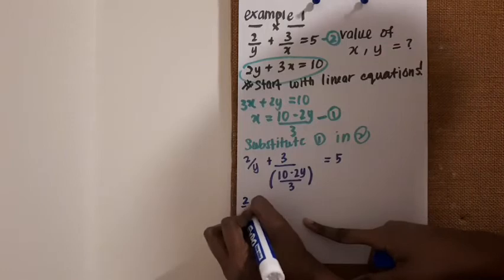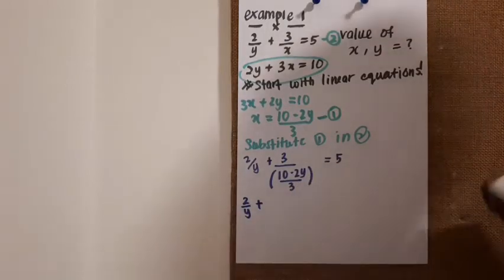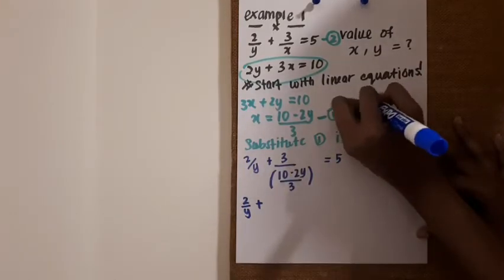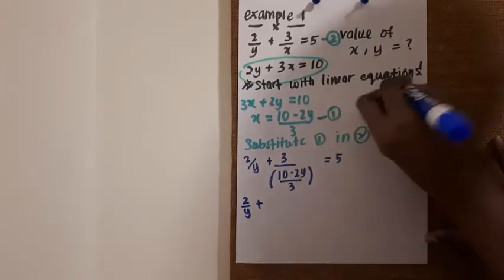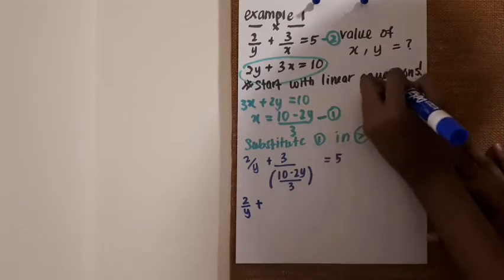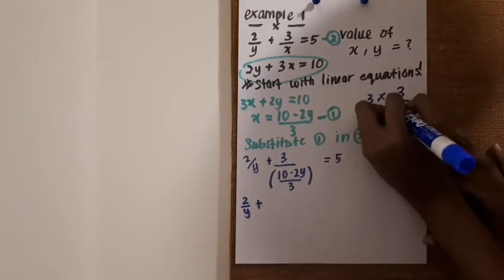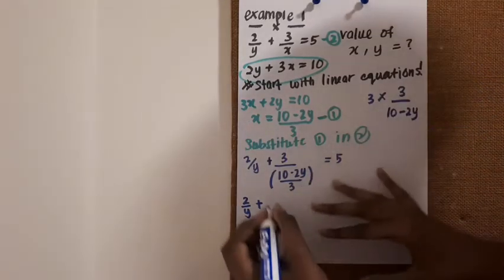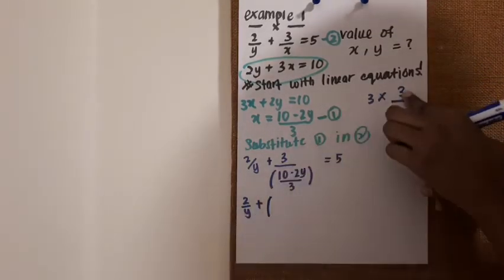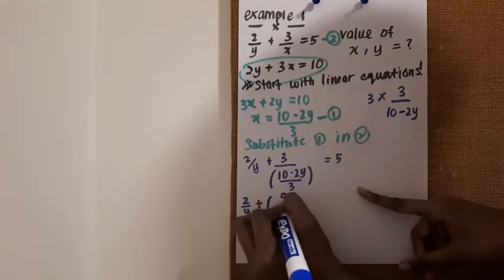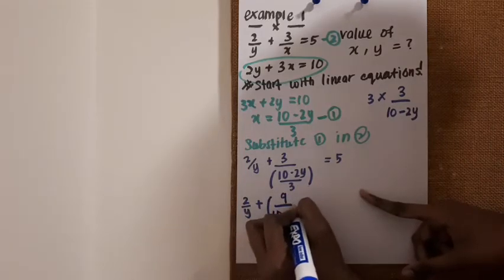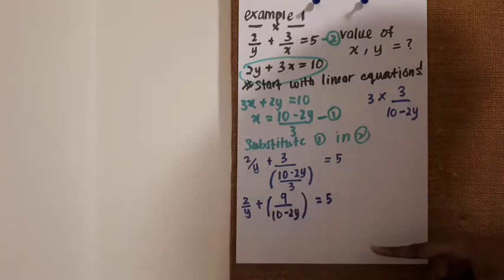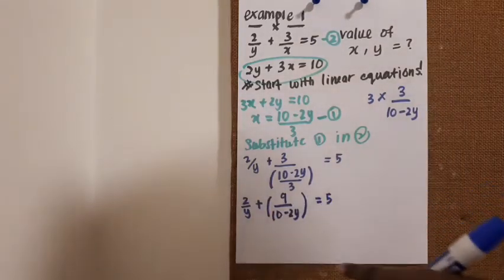As you have learned in primary school, if it's a division, when you change to times, this whole thing will swap the denominator and numerator. So that's what we're going to do here. So 3 times 3 is simply going to be 9 over 10 minus 2y equals to 5. Okay, now it's plus.